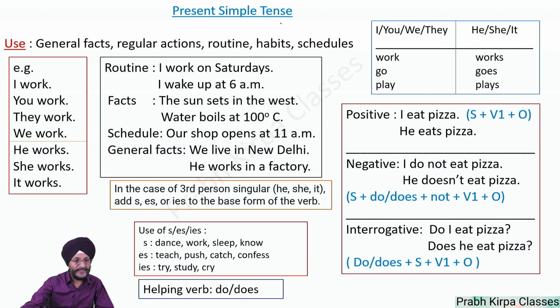Now we discuss the present simple tense. This tense is used in case of general facts, regular actions, routines, habits, and schedules. If we talk about routine, then an example of this tense is I work on Saturdays.